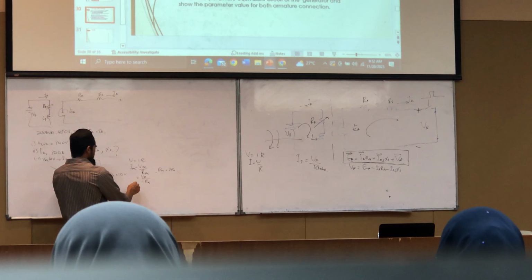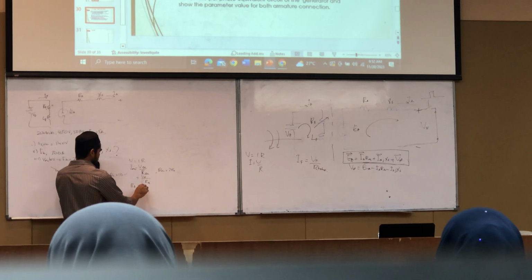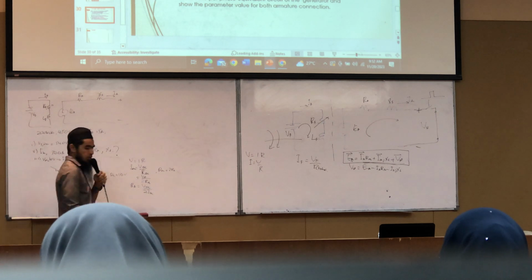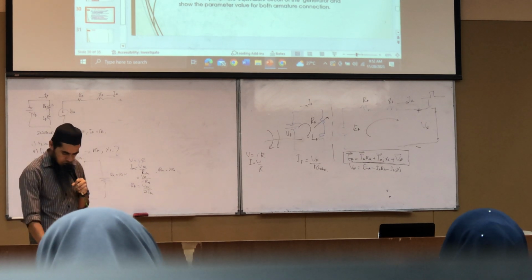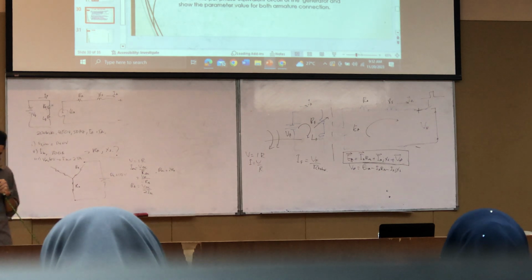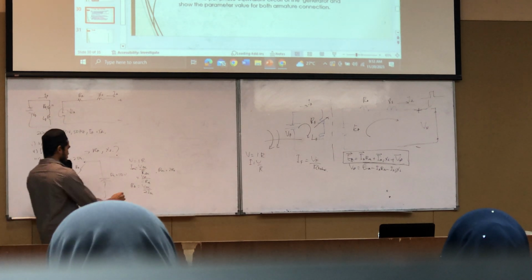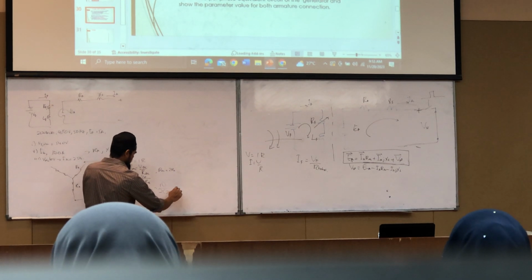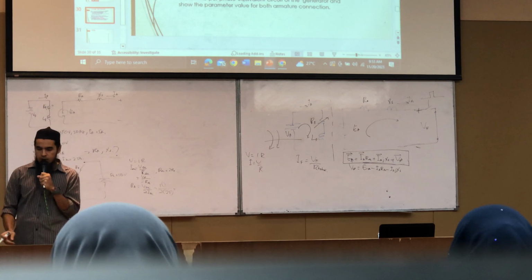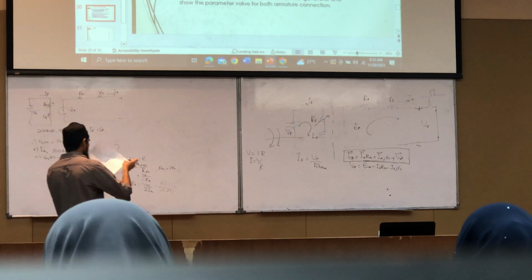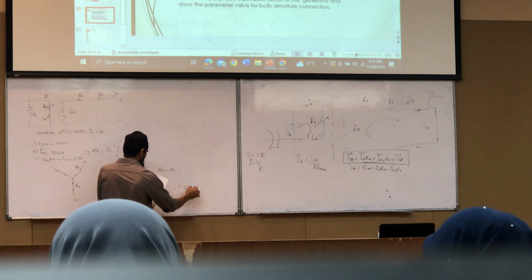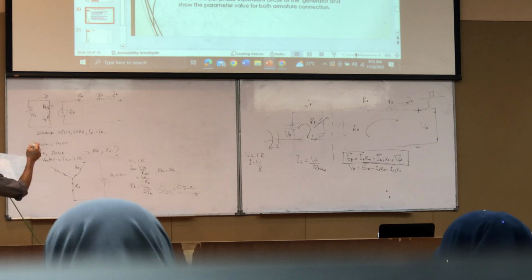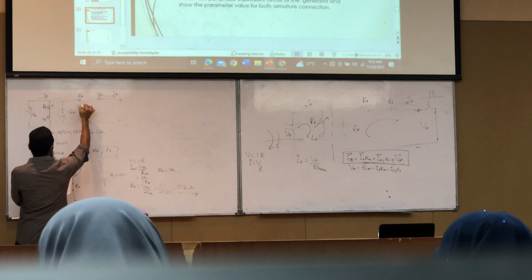So you invert, you put RA on top, it will become RA equal to VDC divided by 2IDC. That is 10 over 2 times 25, equal to 0.20 ohm. So this is your RA. So you have already gained your RA, 0.2 ohm.